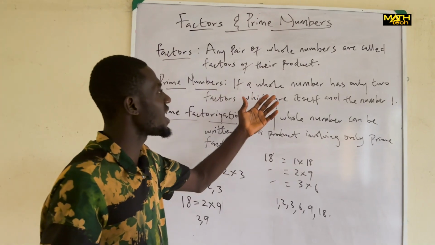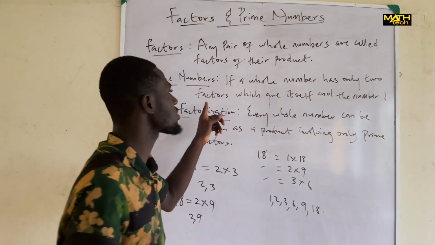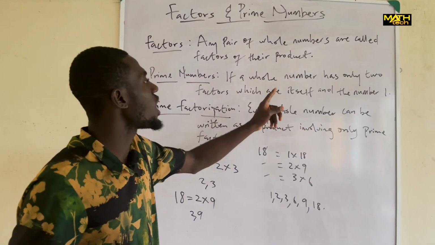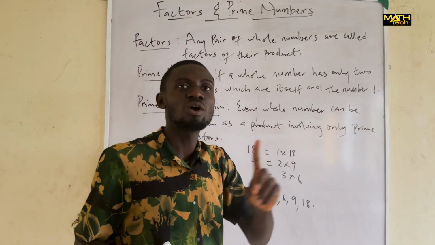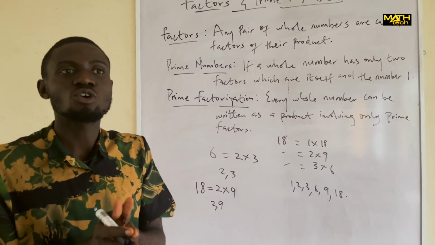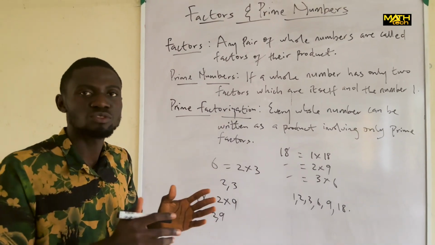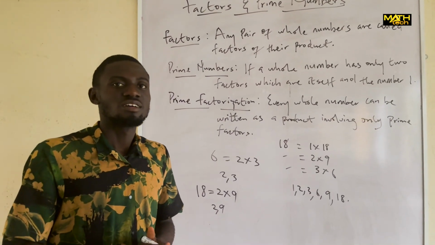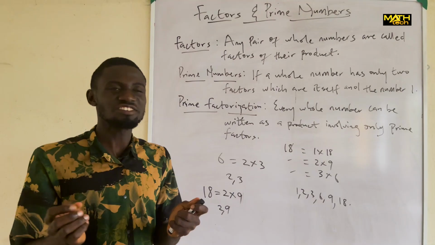If a whole number has only 2 factors, which are itself and the number 1, that number is called a prime number. It sounds interesting.